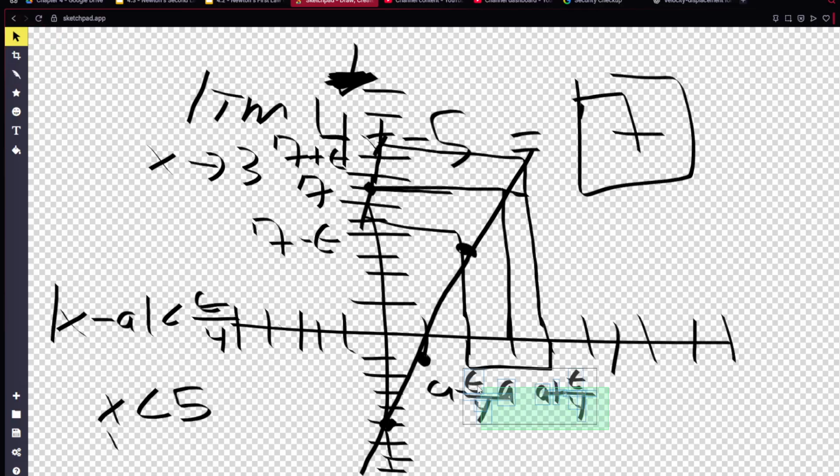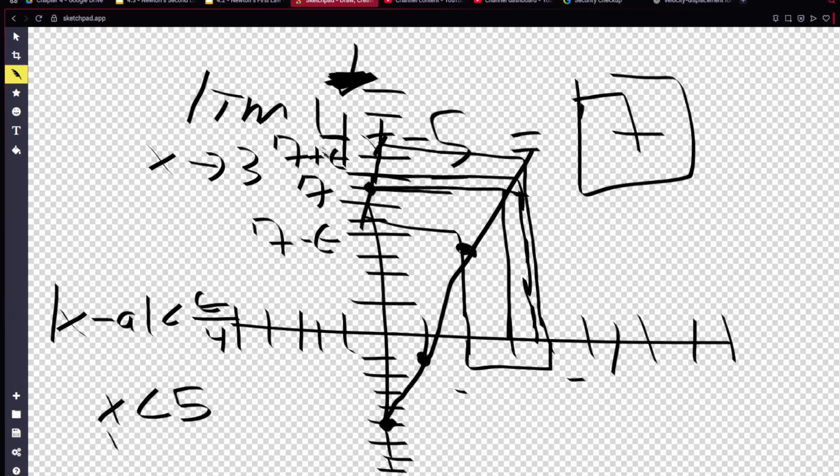All it does is squeeze this down, make it even smaller, and also makes this slightly smaller as well. Sorry, I'm just a horrible drawer. So that is the logic behind the precise definition of a limit, and I hope this fosters understanding.